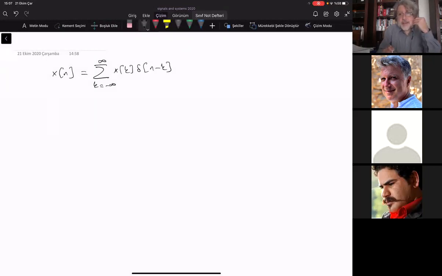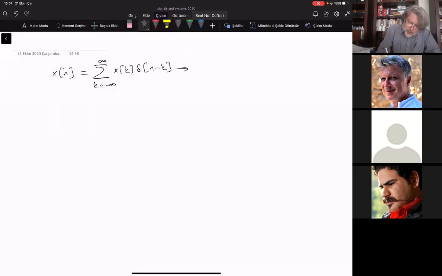The shifted impulses, these delta n minus k's, are impulses at k. And what's the value at the impulse at k? It's x of k, the value of the signal. So we write our signal in terms of impulses like this. And we call this a convolution sum. It's not a convolution, it's a convolution sum. Or you can think of it like convolution with an impulse, which gives you the same signal.